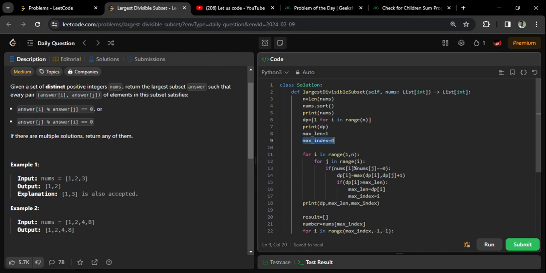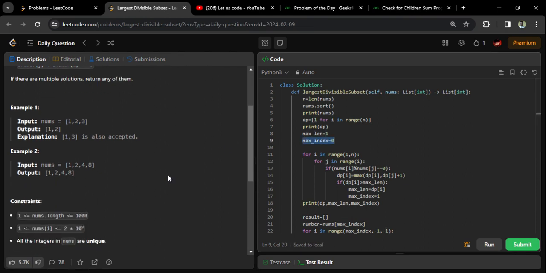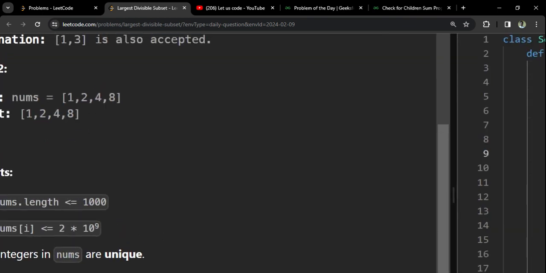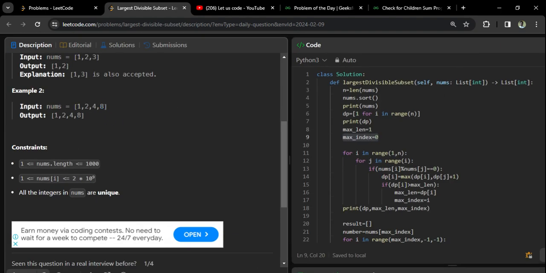And max index is the last index which comes in our answer. For example, in this case max index will be the index of the 8. Why? Try to understand this fact. It is the ending index of our given set, because I have sorted the array, as you can see. So the last index which is part of our answer set is going to be the max index, the index of that particular element.